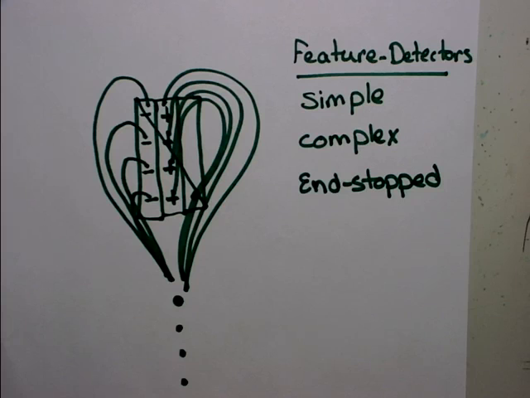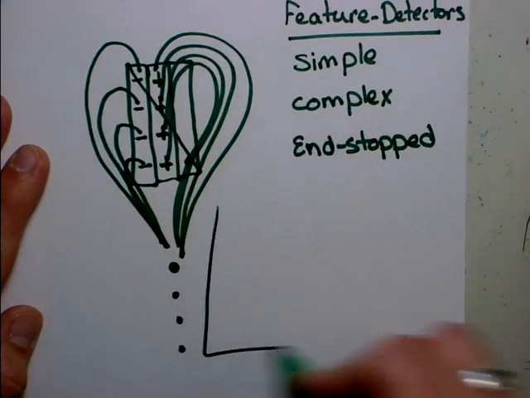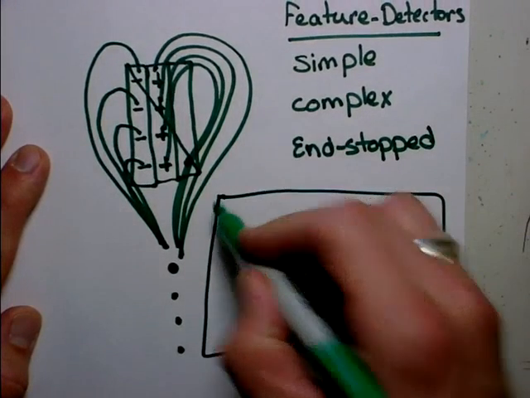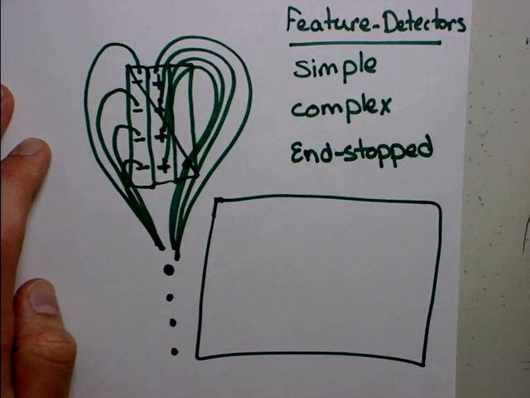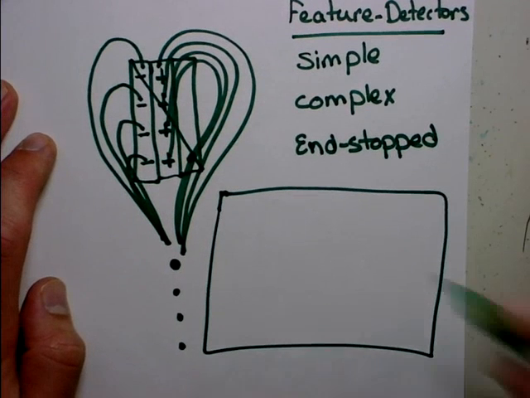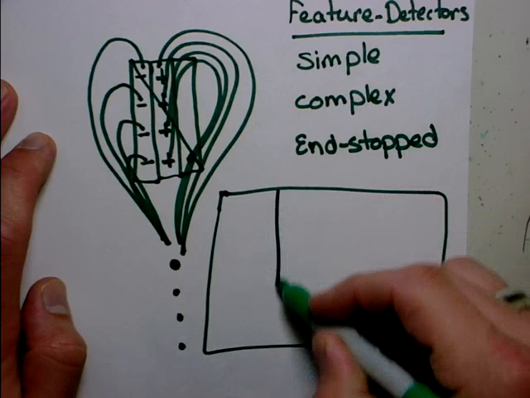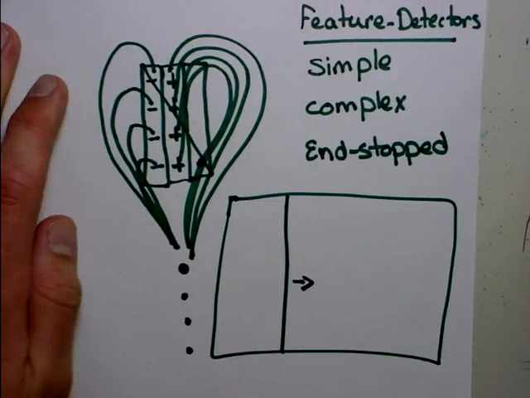So, for example, let's say that this square represents the entirety of your visual field. One end-stop cell will respond to light anywhere on this side of that edge.